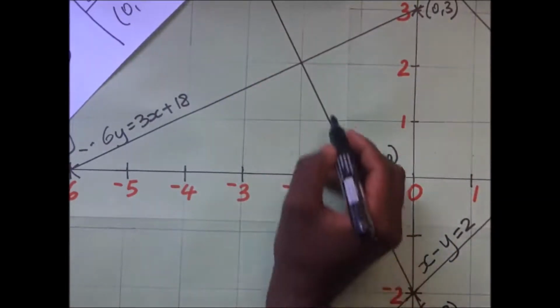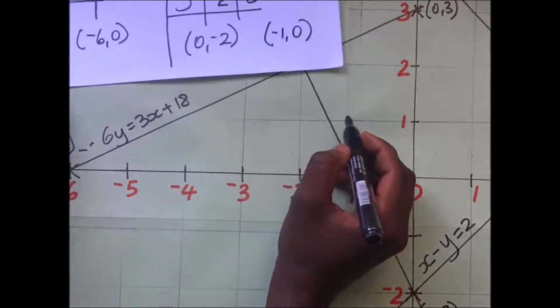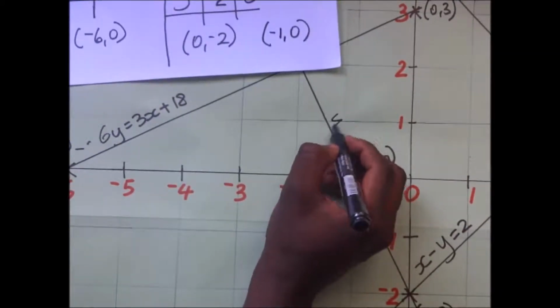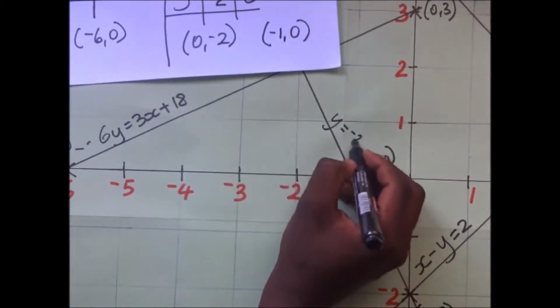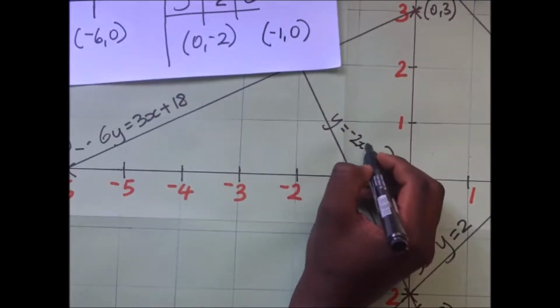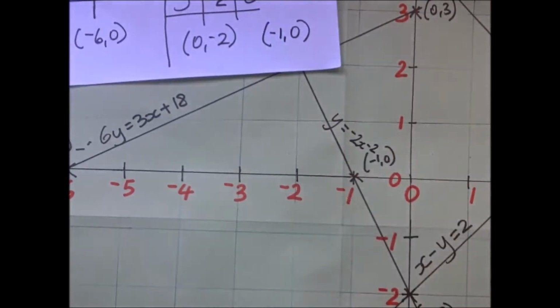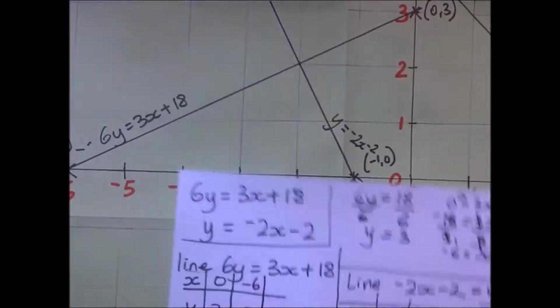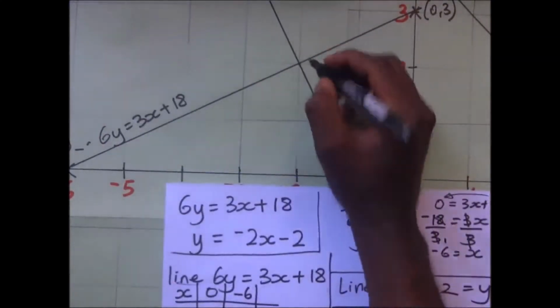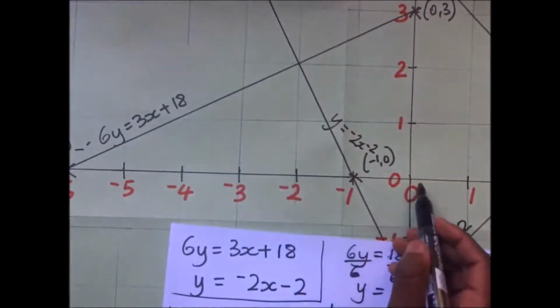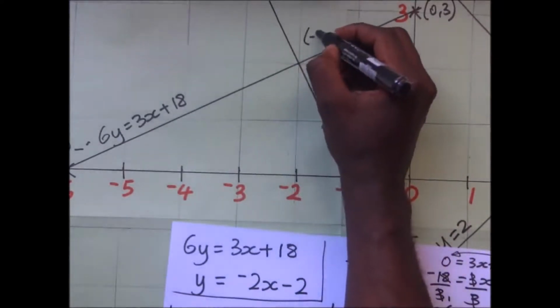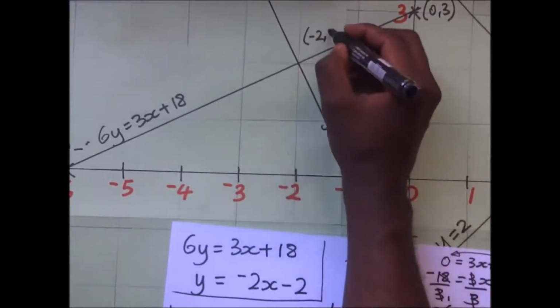So this is the line y is equal to negative 2x minus 2. That's the line. So these two meet at this point. And what's the coordinates of that point? The coordinate of that point is negative 2, 2.